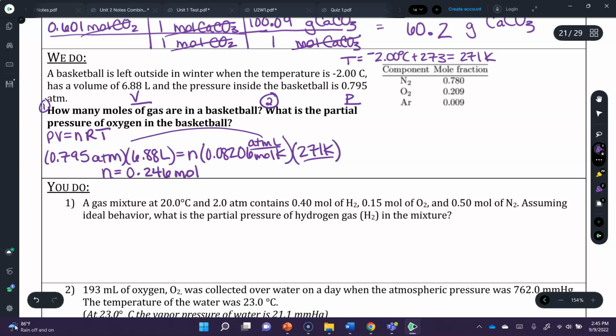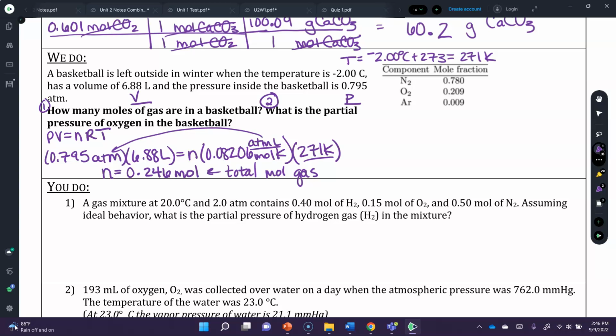And then you match your units for your gas constant. Using algebra to solve for n, you end up with 0.246. Now this is your moles, total moles of gas.